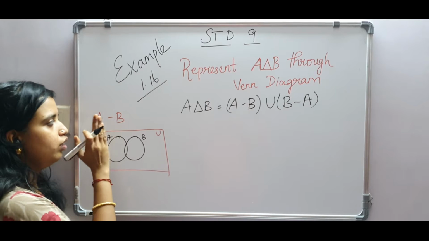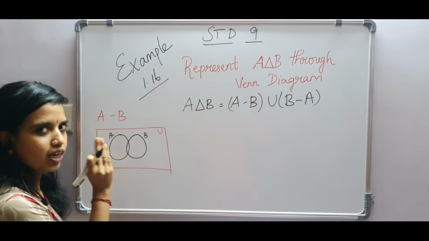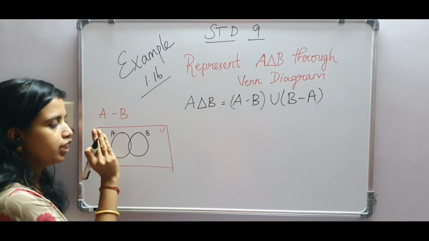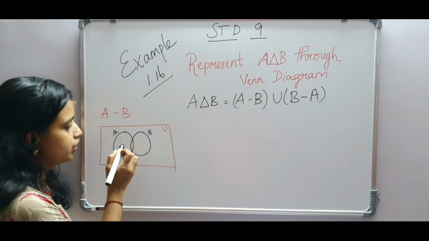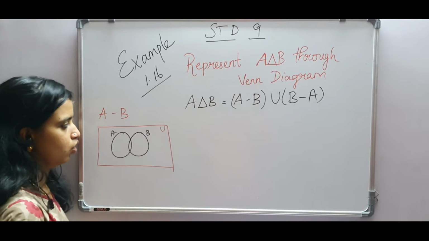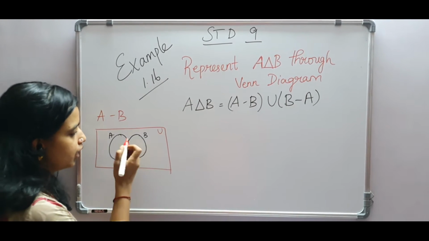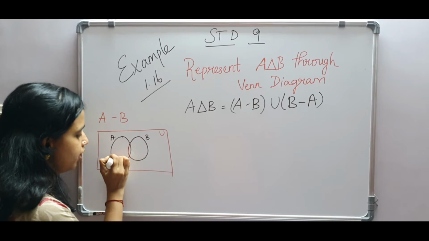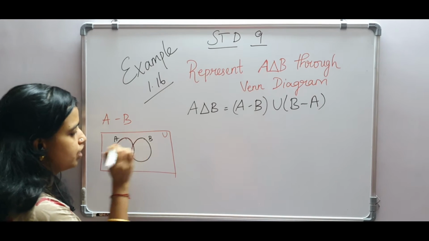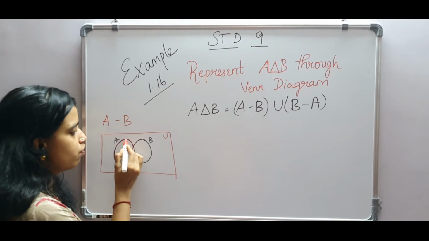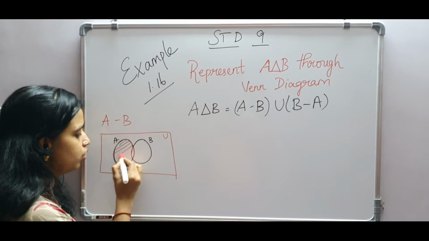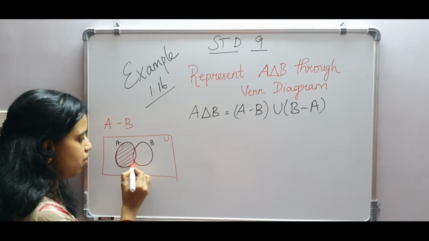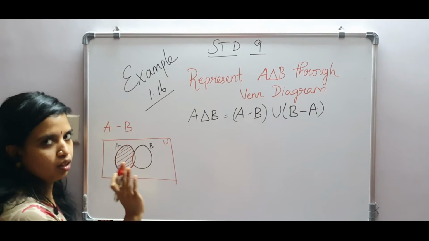So we are going to shade only the region of A which is not included in B. See, this is the A region, and only the part of set A up to here is the region we shade, where B should not be included.